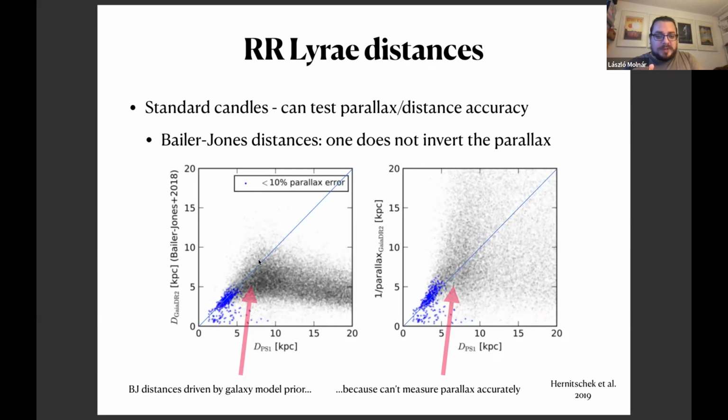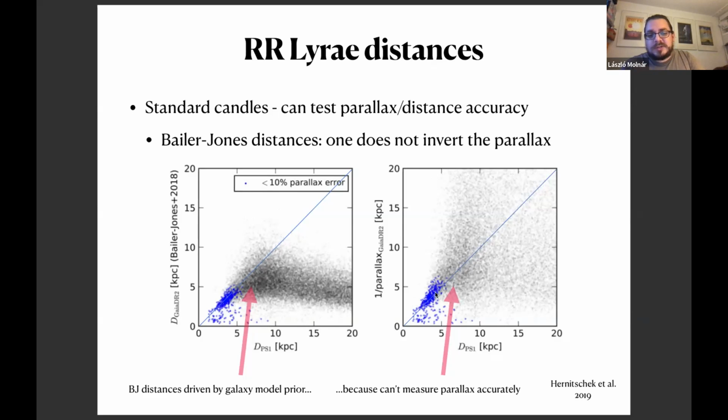And then after about 8 kiloparsec, we lose the parallax information. And then the galactic prior takes over and just forces every star into this 5 to 10 kiloparsec range. So that gives us a practical limit to where geometric parallax is useful in Gaia.